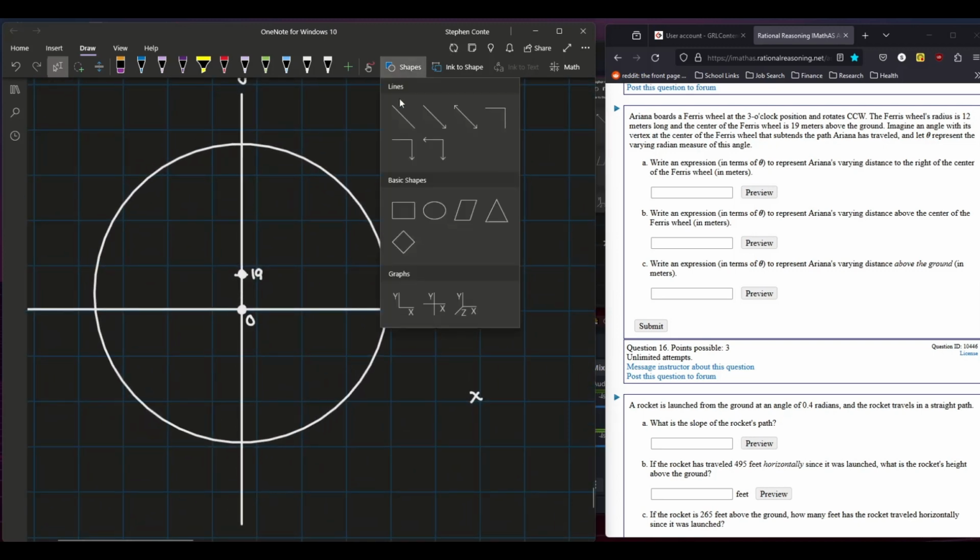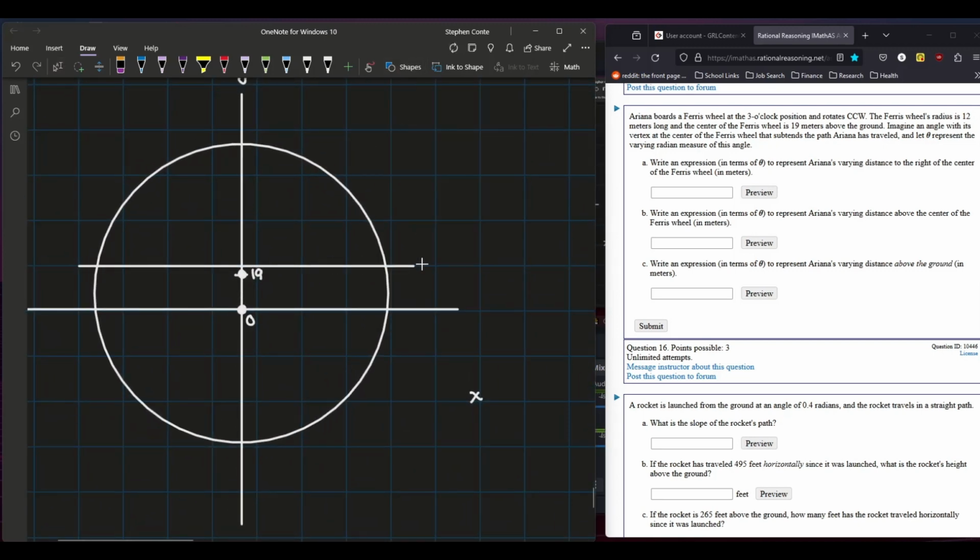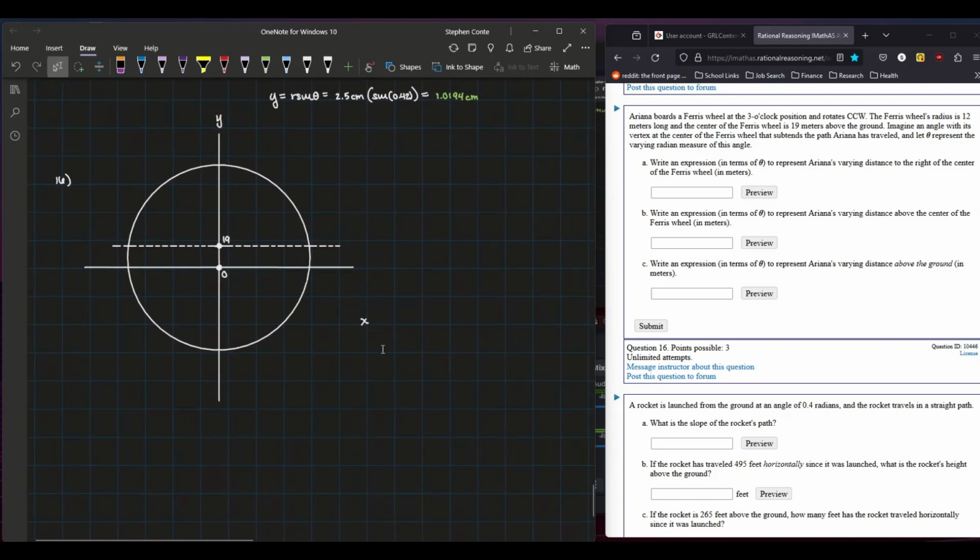And I'll make a dotted line at 19 just to show that this is sort of our new origin.